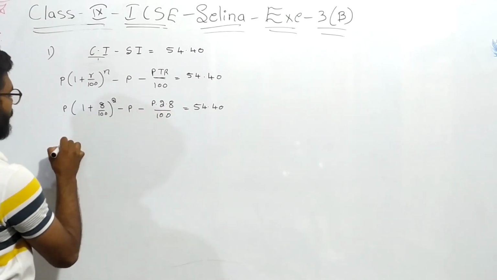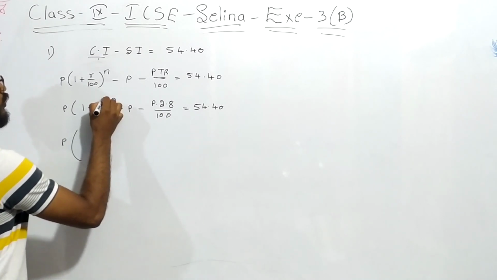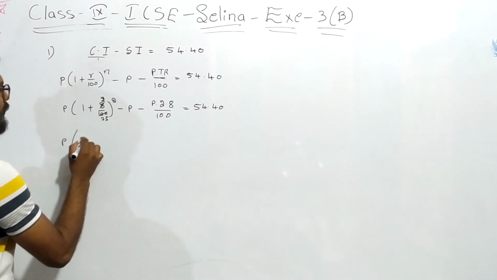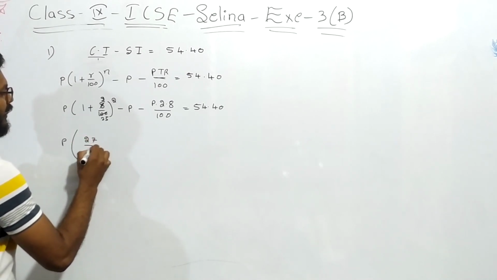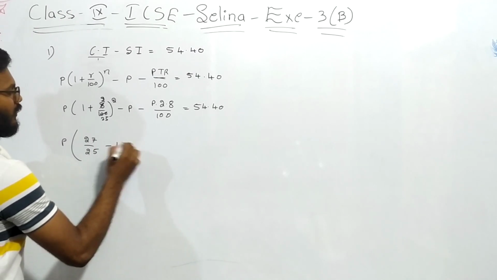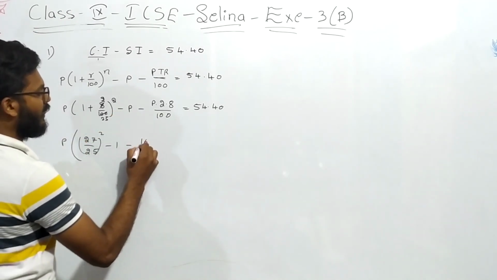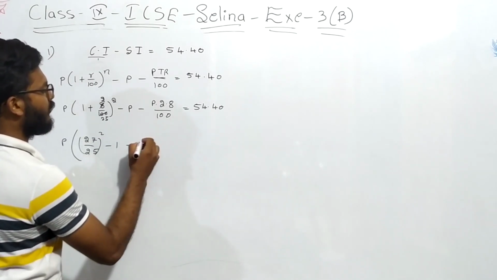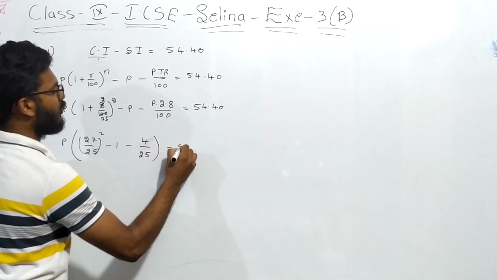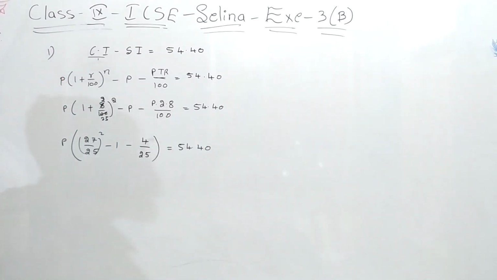Now see, if I cancel it, how much will I get? I can take P common from everything. So 4 2s are 4, 25. So 25 plus 2, 27 by 25, whole square, minus 16 by 100. Or else if we cancel it with 4, 4 by 25 is equal to 54.40.